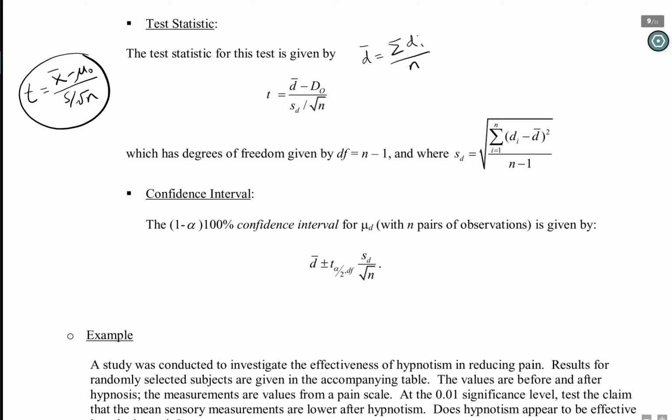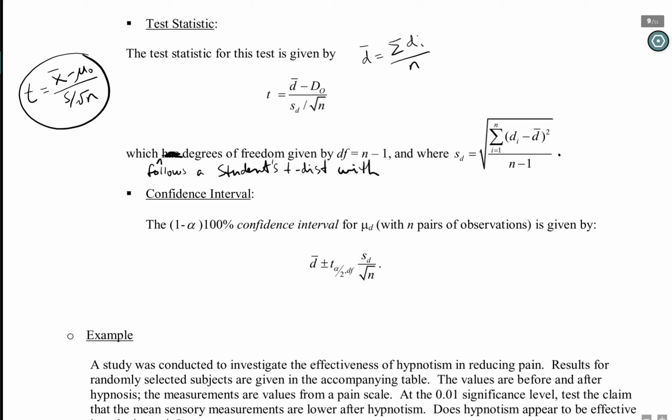The test statistic for this test is given by T, which follows a Student's t distribution with degrees of freedom n minus 1, and again here the standard deviation of the differences is given by that formula.